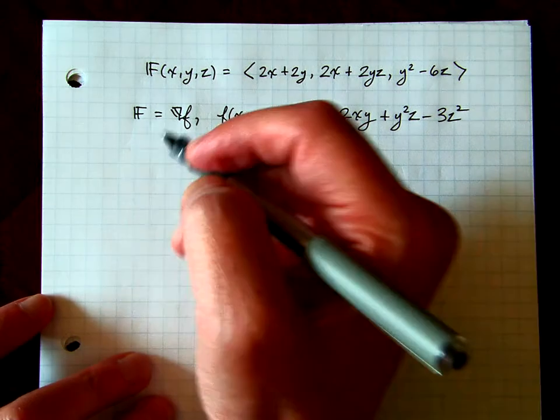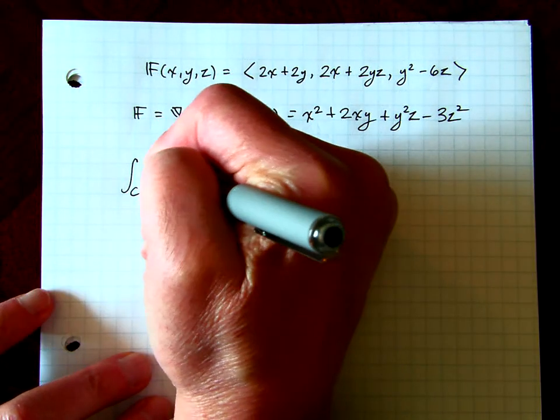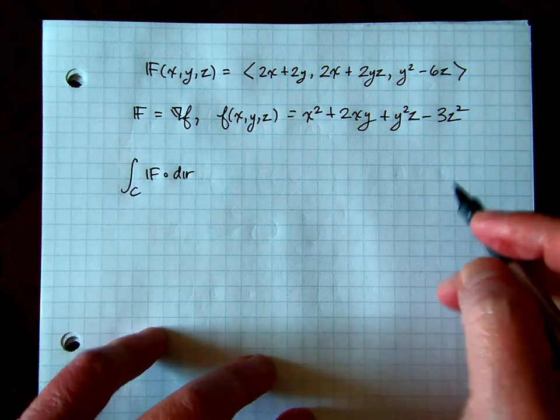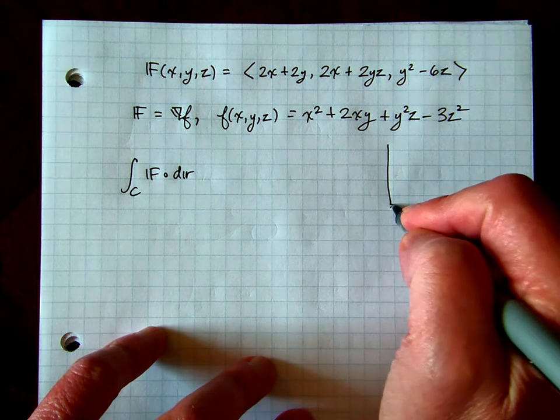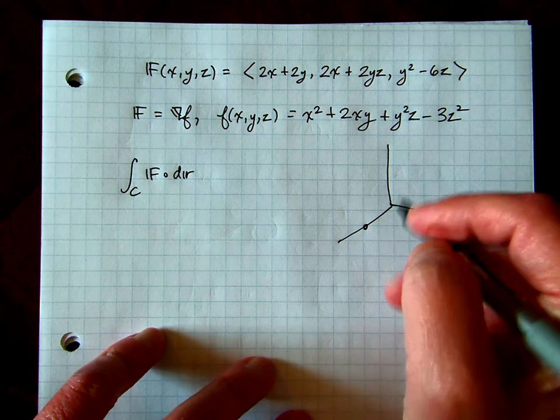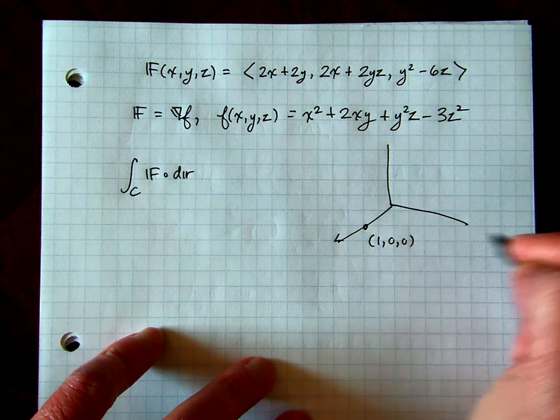I want to talk about the line integral over C of f dot dr, where we're in 3 dimensions. And let's say I'm going to start here at 1, 0, 0 on the x-axis, okay?